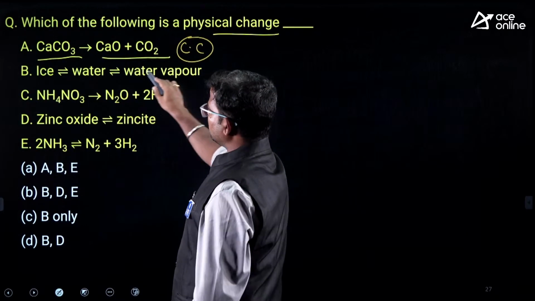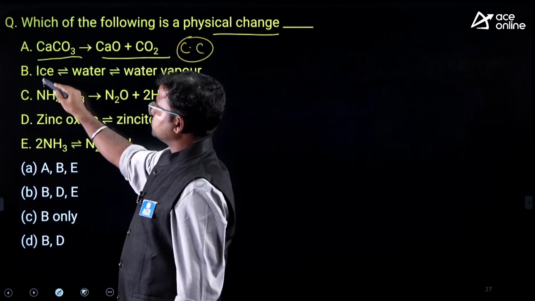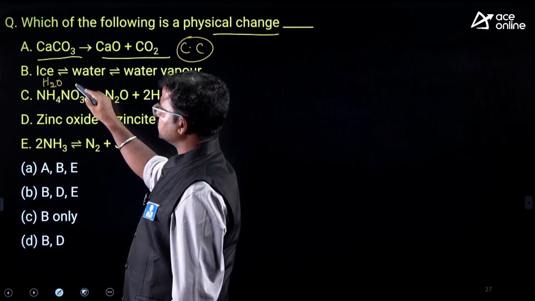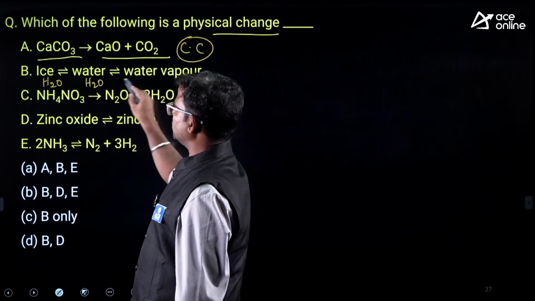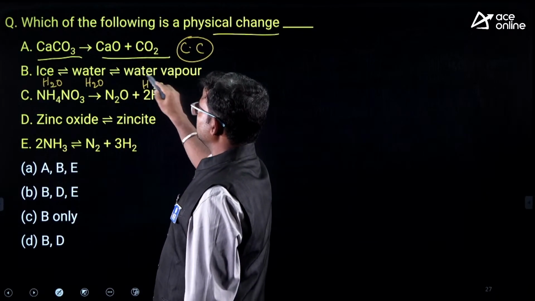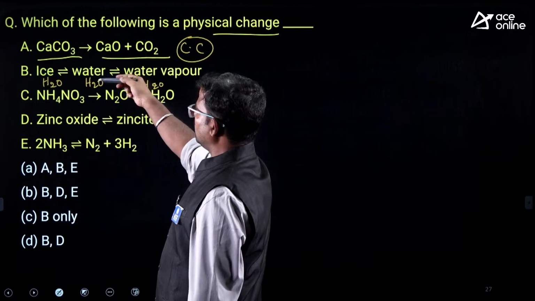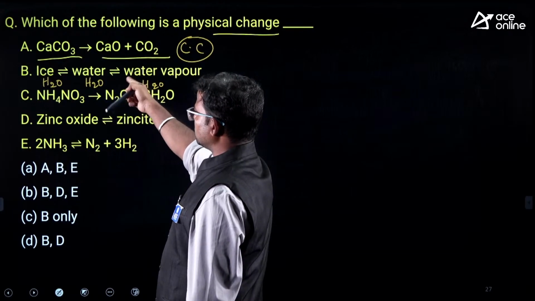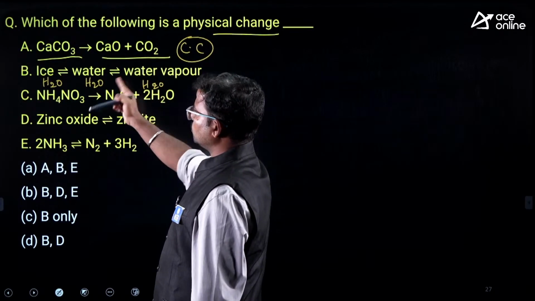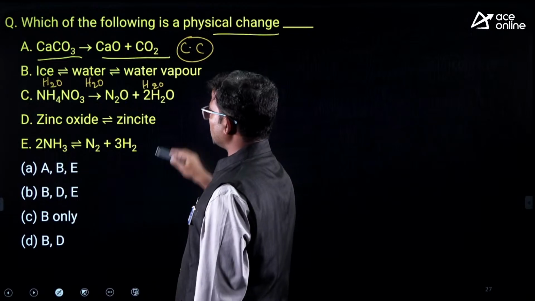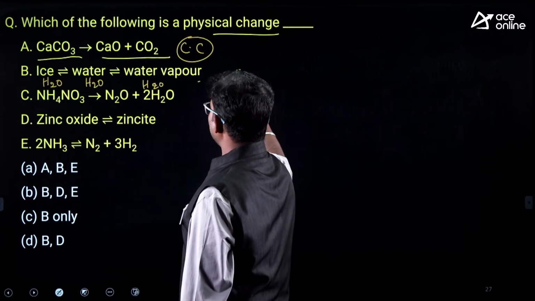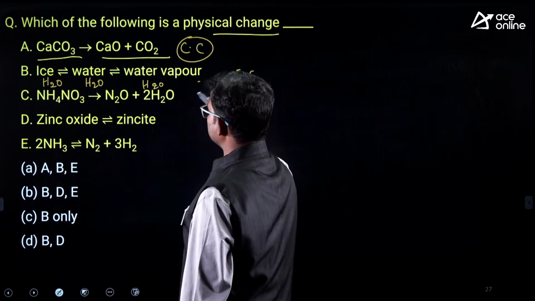Next, ice, water, water vapor. Ice has what chemical composition? Water, H2O. Here also H2O, here also H2O. So if you heat or cool them, there is no variation of chemical composition. That's why B is a physical change.